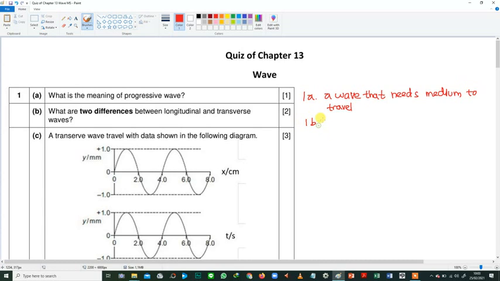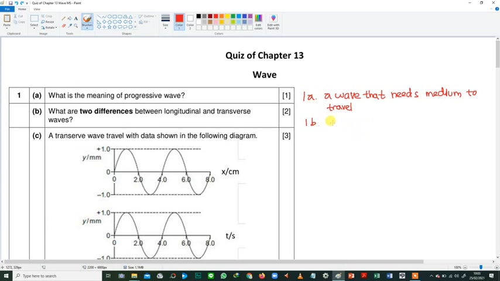And 1b, it's gonna be two differences between longitudinal and transverse wave. The first, you know that they have different direction of vibration.